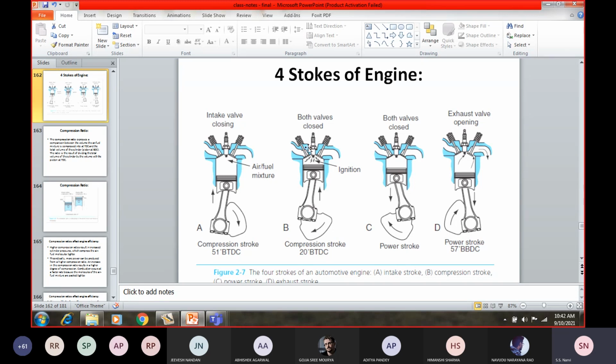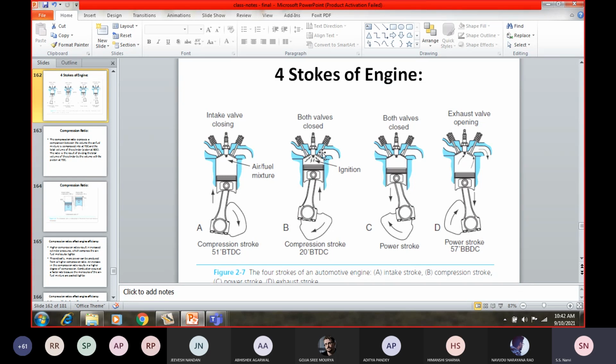And this is known as the highest usable compression ratio. Okay, you have some compression ratio, but because of certain molecules, for example pure heptane, that compression ratio cannot be utilized fully. But if you have isooctane as a pure fuel, then it can be achieved.